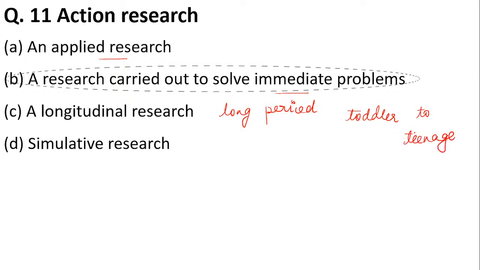A toddler is 2 to 3 years old, and teenage means like 13 to 16 years of age. So if you are doing research from 3 years to 16 years, this 13 years of research is called longitudinal research. Researches which take place for a long period of time. Okay, the right answer here is that action research is used to solve immediate problems.